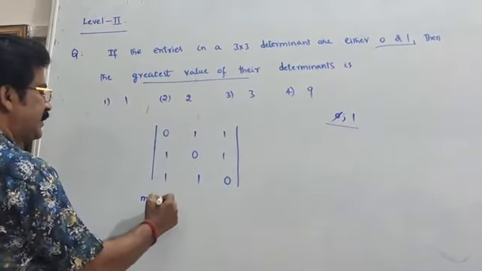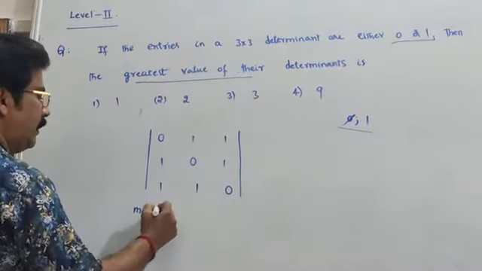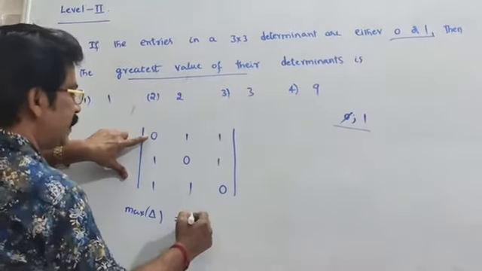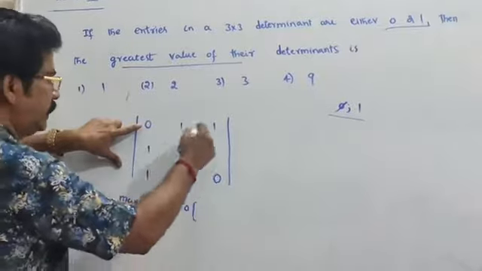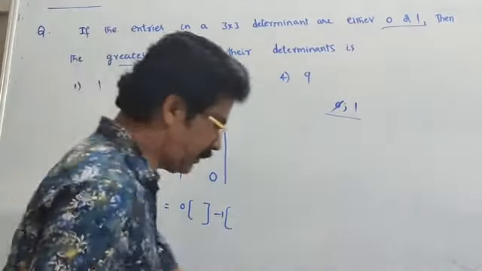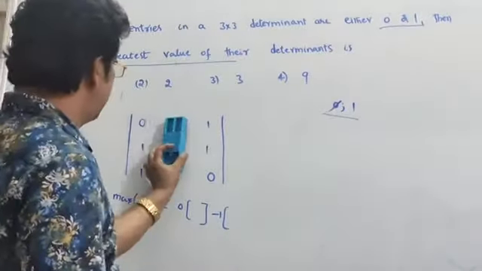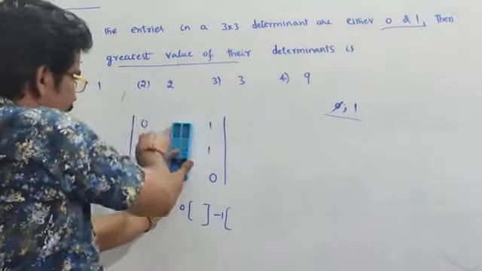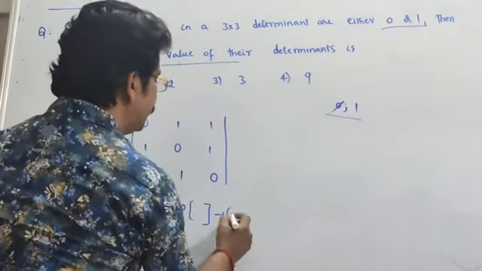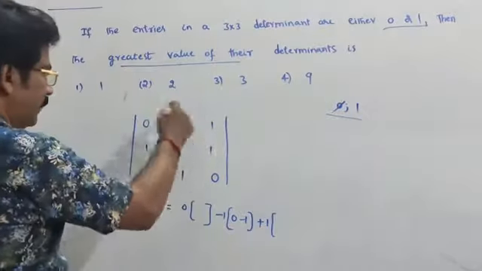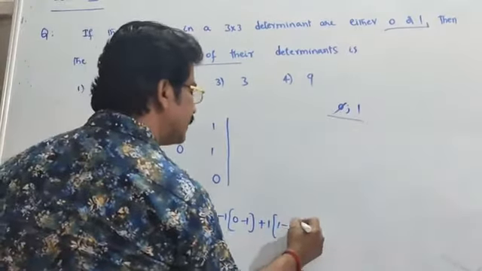So the maximum of delta is equal to this determinant: 0 into something, next minus 1 into, deleting the second column and first row, 1 into 0 minus 1, next plus 1 into 1 minus 0.